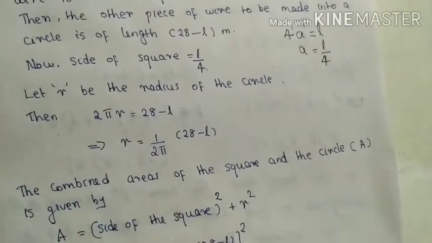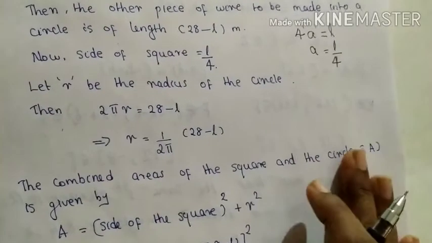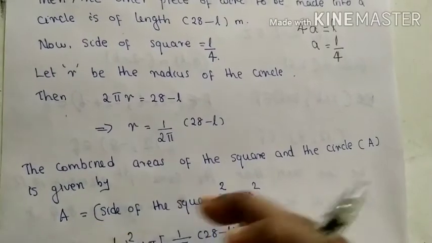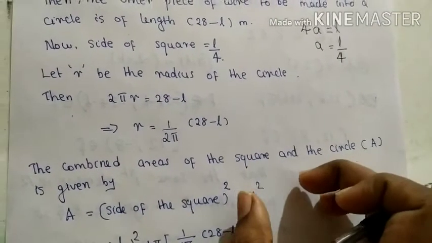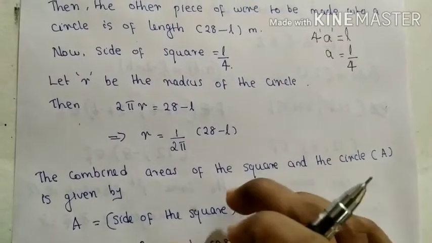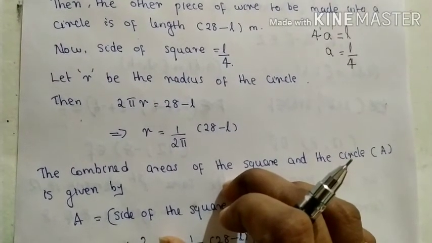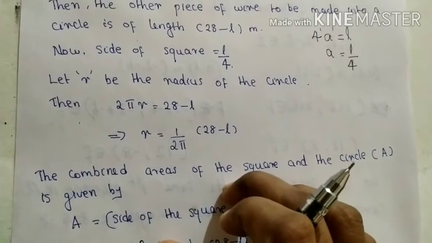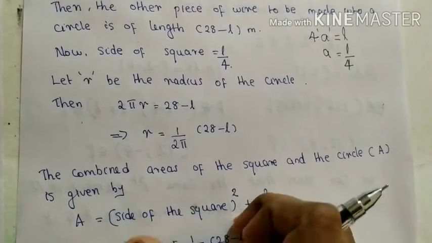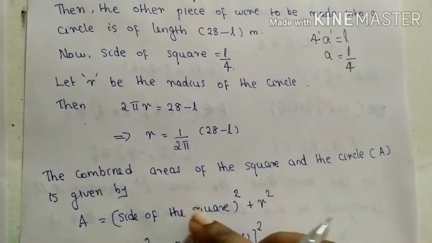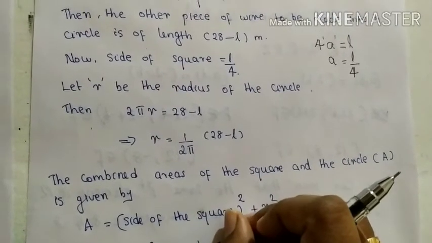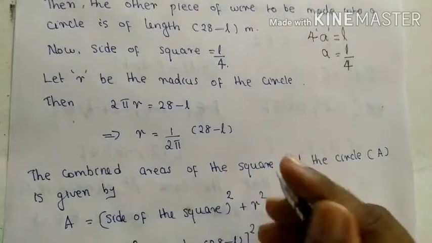The combined area of the square and the circle is denoted by A, which will be equal to the area of the square plus the area of the circle. The area of a square with side a is a square, and the area of a circle is pi r square.